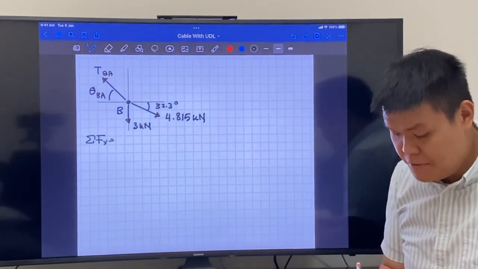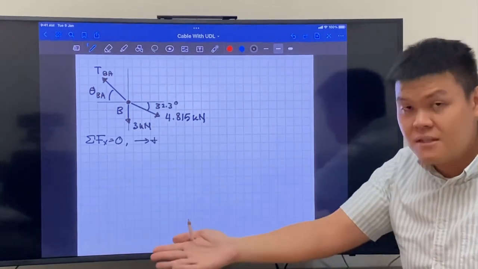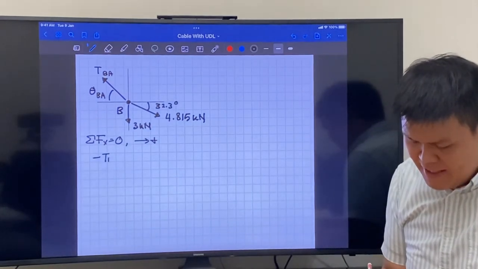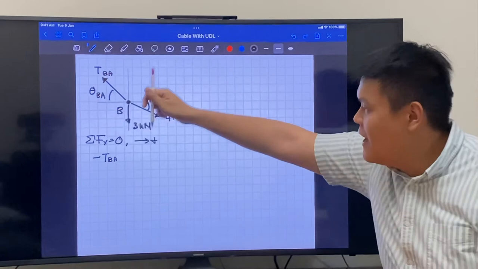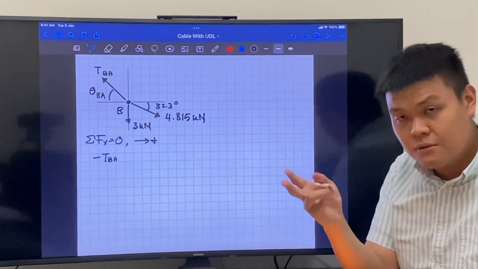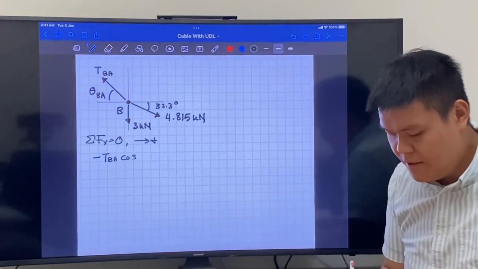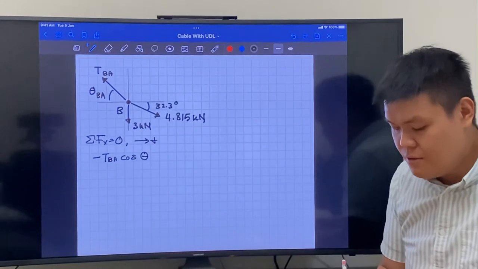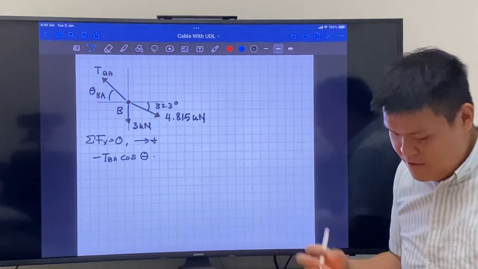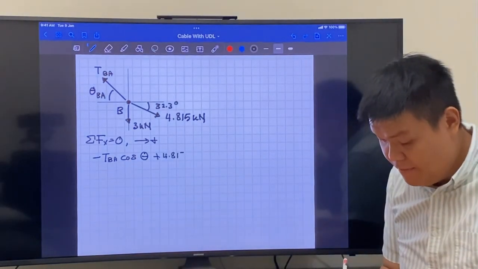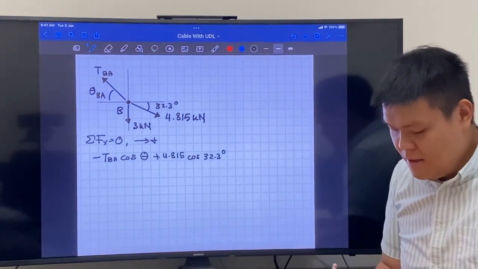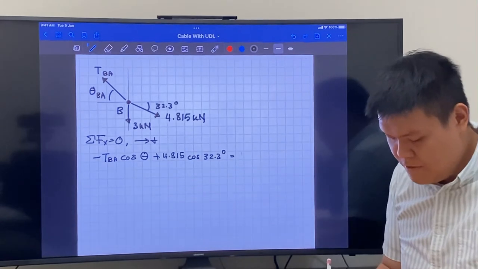Sum of Fx equals 0, where going to the right is positive. We get minus TBA cosine of theta, since TBA is going that way, and remember, the adjacent side is next to the angle, cosine of theta. Again, I'm not going to write BA to save time. Then 4.815 goes in this direction, which is positive, so plus 4.815 cosine. It's an easy way to remember. And that's all. It equals 0.